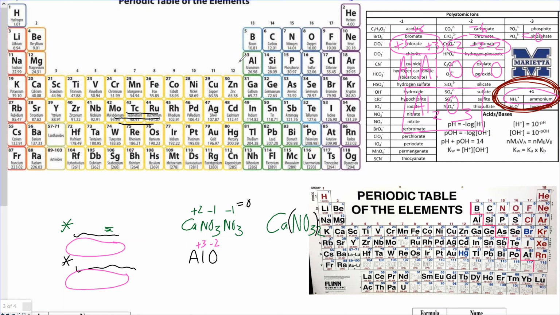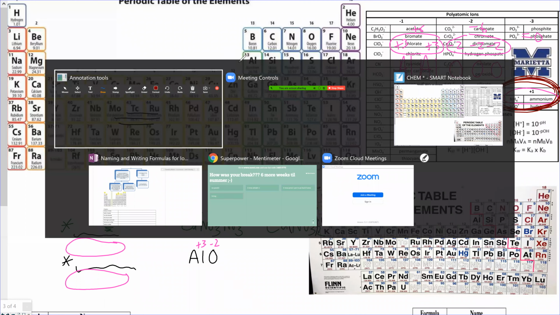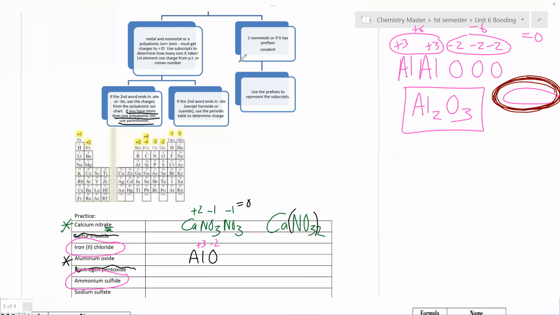Okay. All right, so let's go back to see what it said. I think it was ammonium sulfide. All right, so the ammonium is NH4, and it had a +1 charge. Be very careful. You have sulfide, you have sulfate, and you have sulfite. Sulfate, sulfite, sulfide.